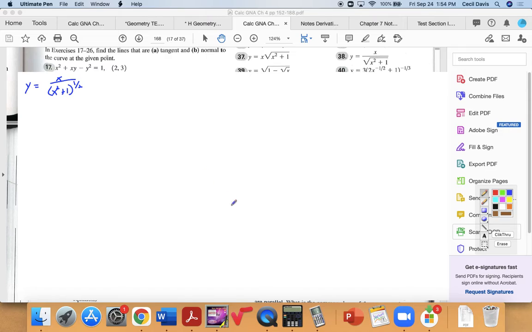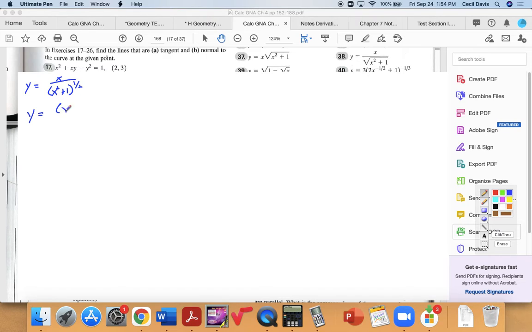Yeah. So then do you use the quotient rule? Yeah. I probably should make it negative 1/2. Then you'd have to use the product rule. I see. Either way, I don't think there's a huge difference.